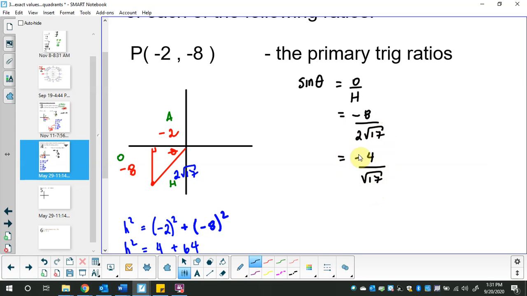Now, if you want to go through all the mumbo jumbo to get rid of the root in the denominator, you go right ahead. This is totally acceptable for me, except if you accidentally forget the theta, which is not allowed. You can't have sine of blank space. You've got to have something in there.